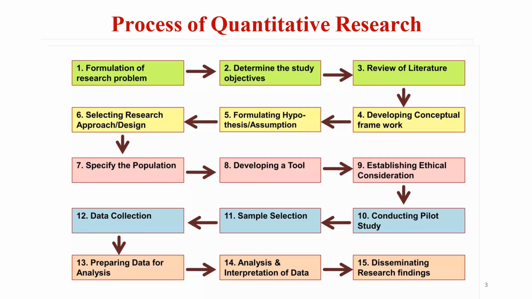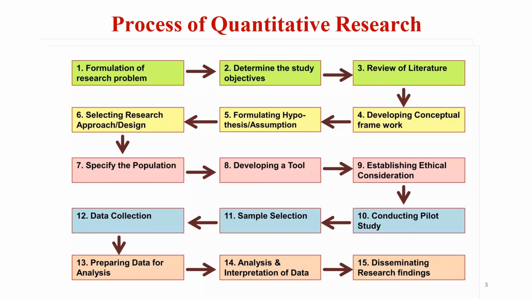For example, there are certain tests which we call univariate tests. If two variables are there, we will go for a bivariate test. If more than two variables exist, then we will go for a multivariate test. For univariate tests, we can go for the chi-square test, one sample t-test, and so on.